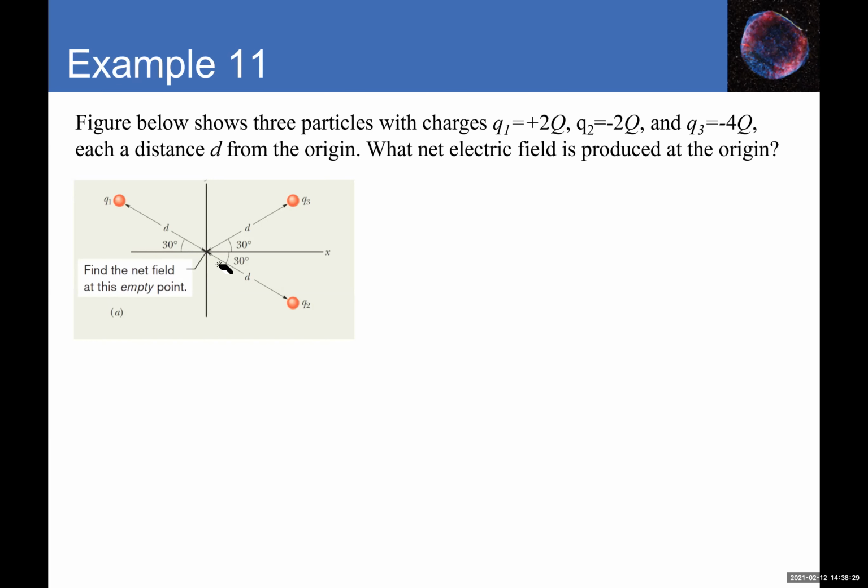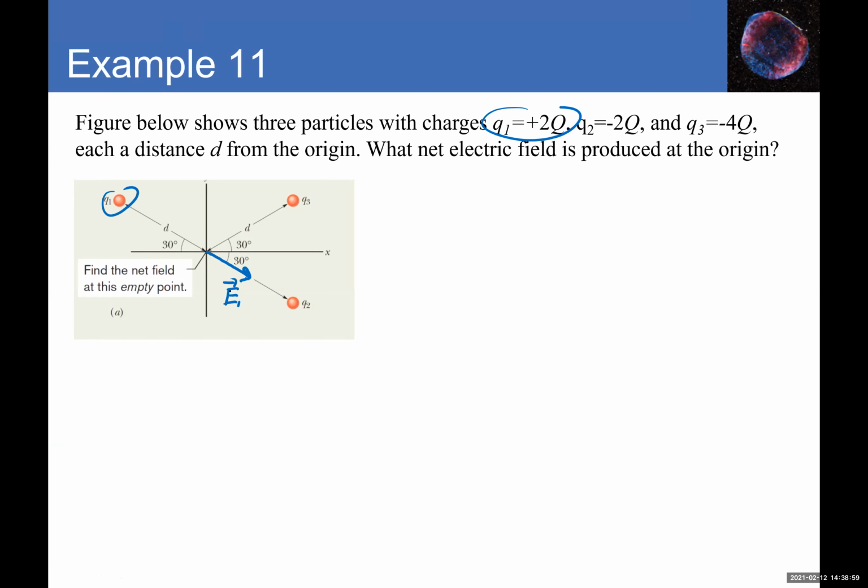All right, so what I need to do here is treat it like the previous example, but this is two-dimensional. So I need to look at the electric field due to charge 1. Here's charge 1, and it is positive, so the electric field will be radially away. This will be my E1, which is 30 degrees below the x-axis, pointing in that fourth quadrant.